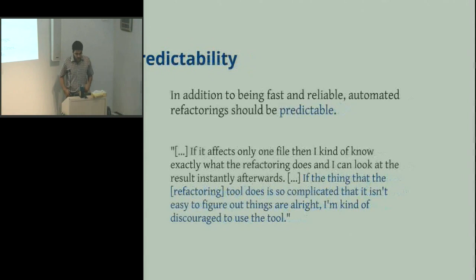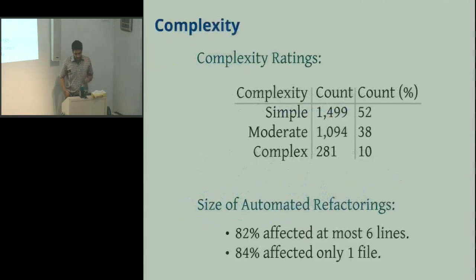So we wanted to learn more about the effect of predictability on the use of refactoring. We decided to assess the complexity of refactoring tools, which is kind of challenging. So we took two different approaches, one qualitative and the other quantitative.